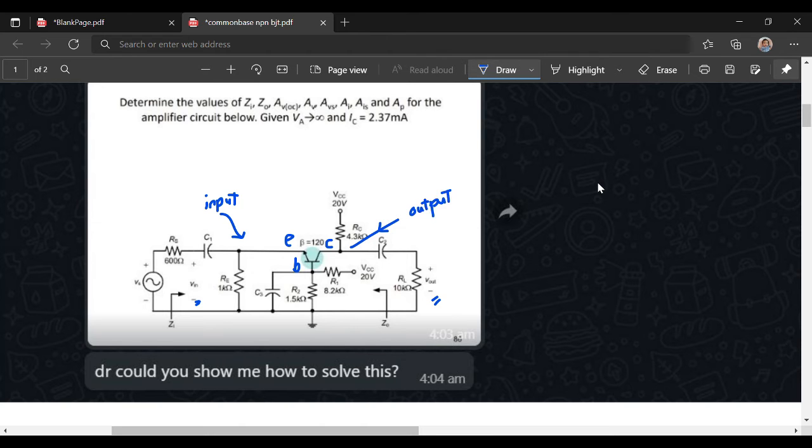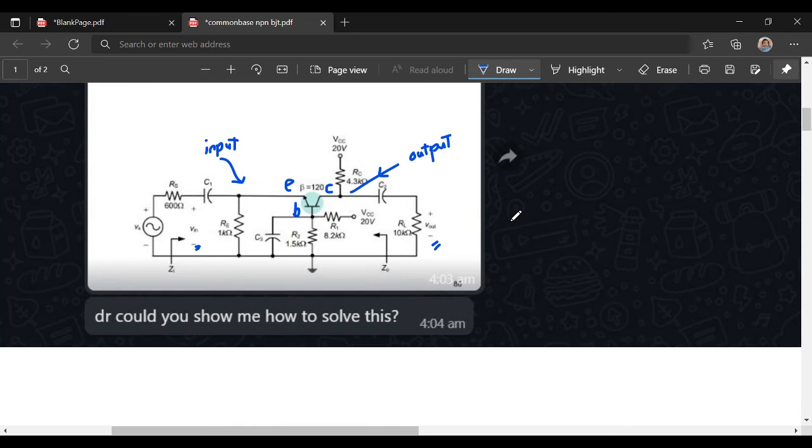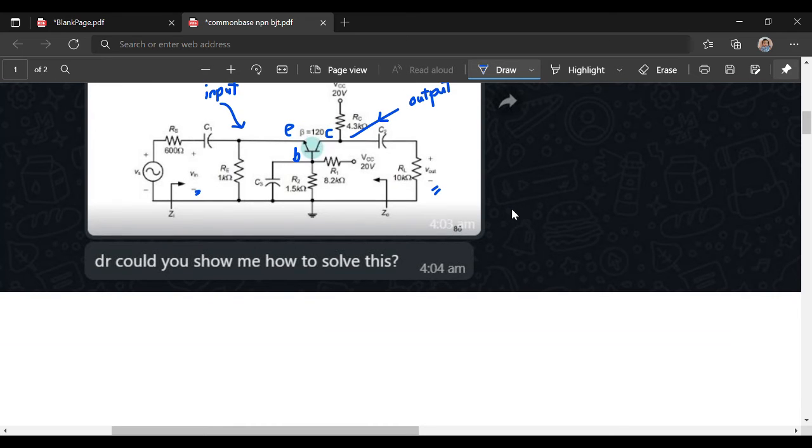Now let's draw the equivalent circuit for this. I like to draw the input on the left. Input is the emitter. On the right is the output, which is the collector. And we have the base.